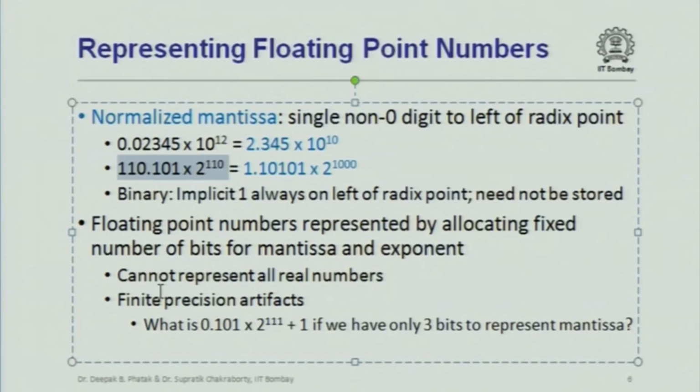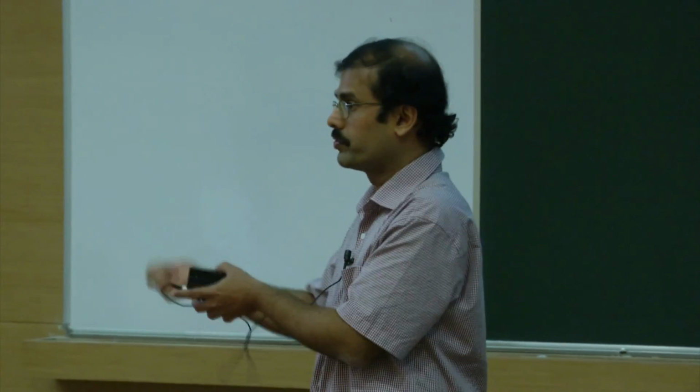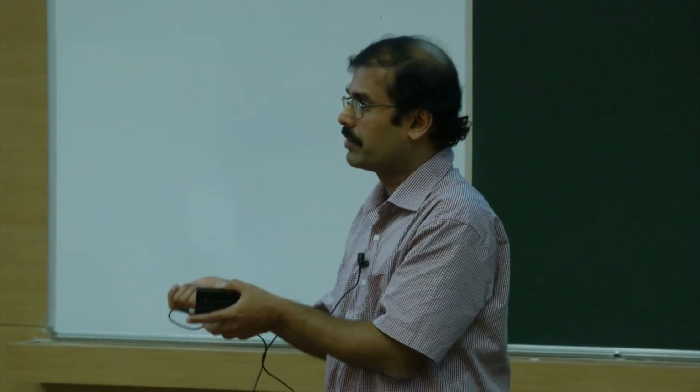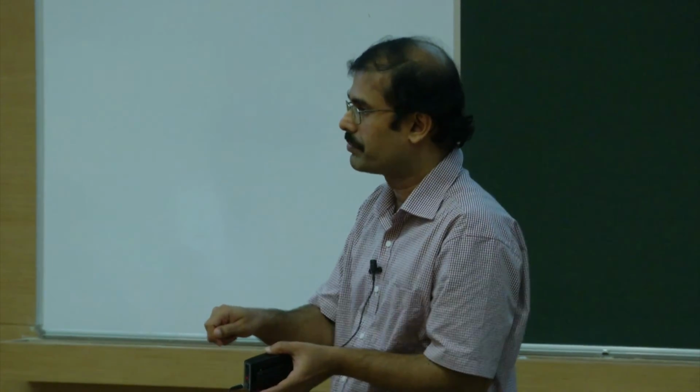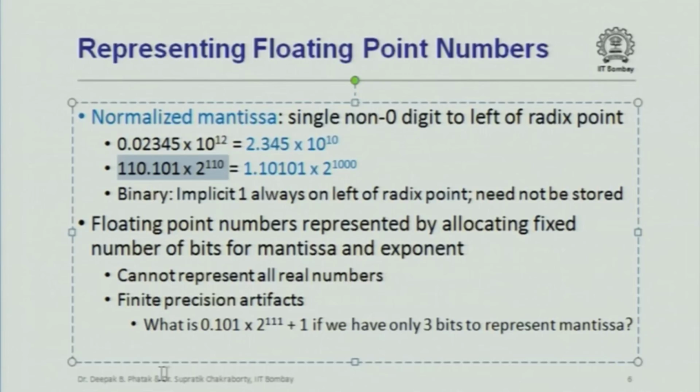How do we shift the point? This is represented in binary. Just like in decimal, when I multiply by 10, the point moves one place to the right, and when I divide by 10, the point moves one place to the left. So in binary, when I multiply by 2, the point moves one place to the right, and when I divide by 2, the point moves one place to the left. So in order to get the point here, I'll have to bring it 2 places to the left, which means I have to divide by 2 squared.